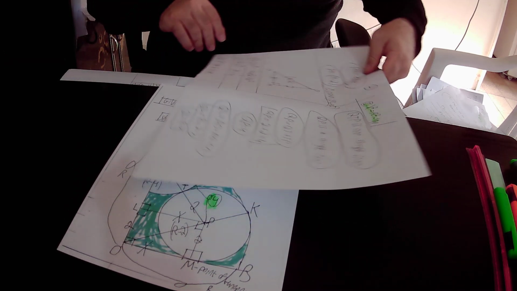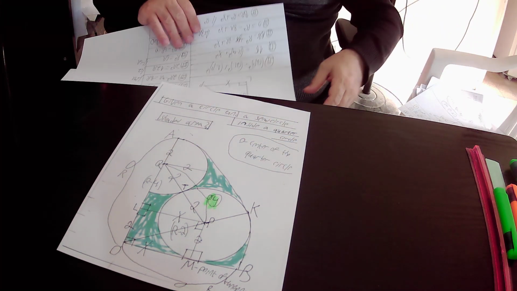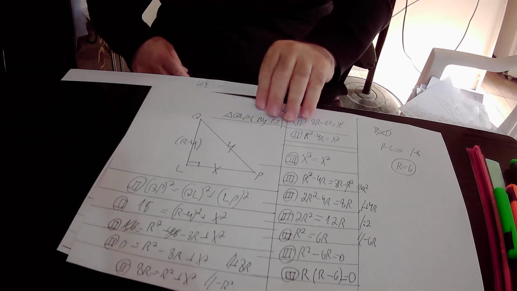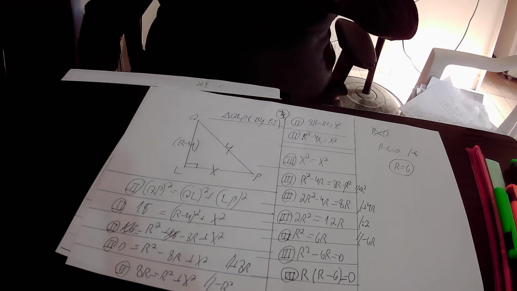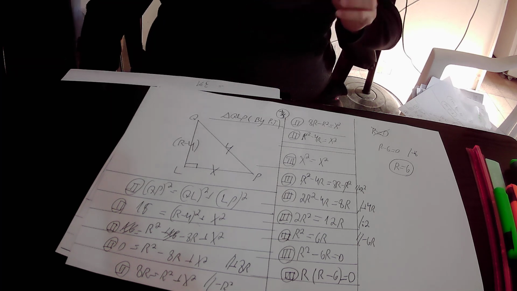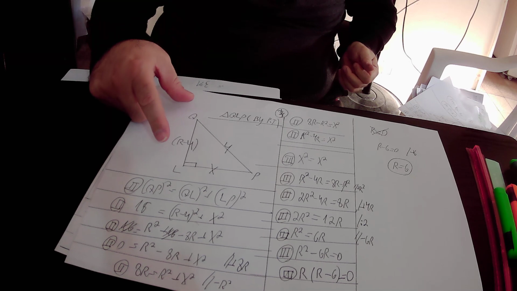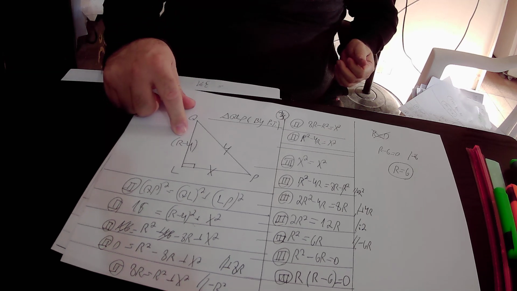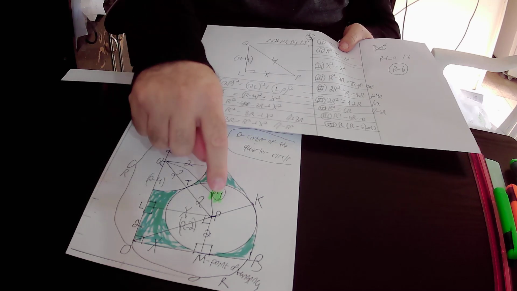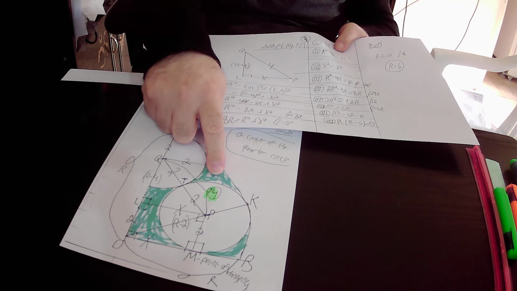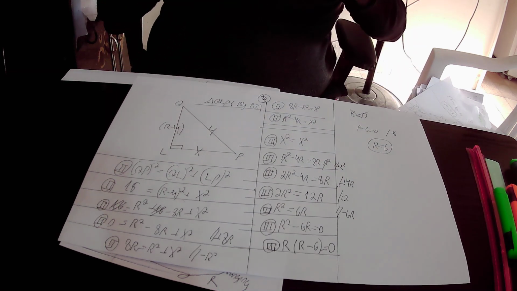We just found out that QL equals capital R minus 4. The hypotenuse QP, we already found out, equals 4 units, and LP equals X.